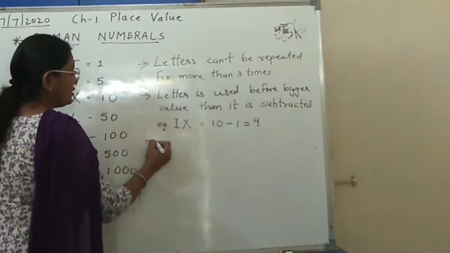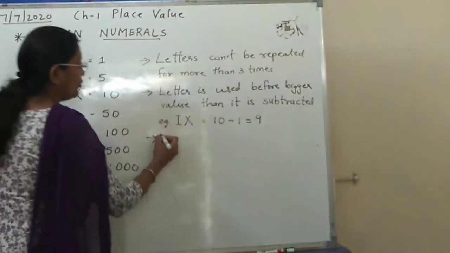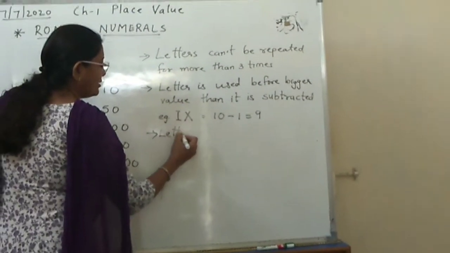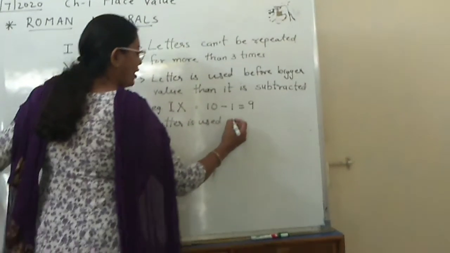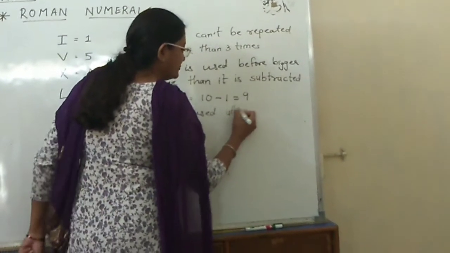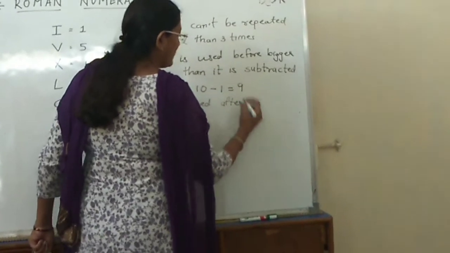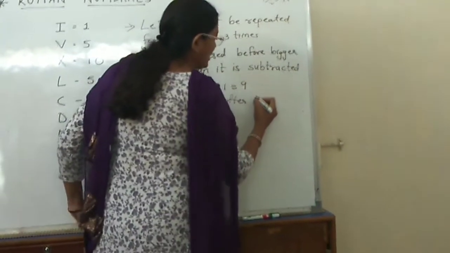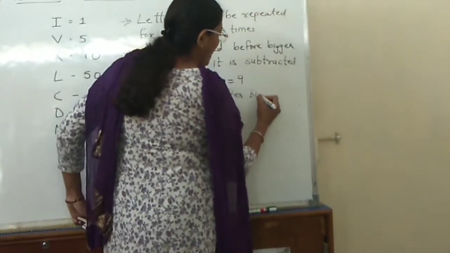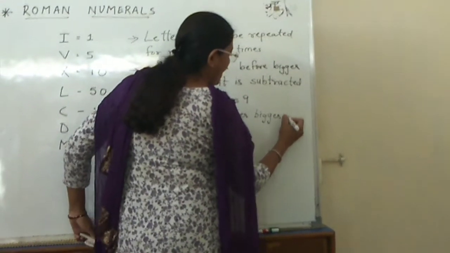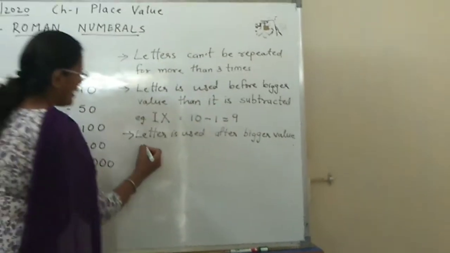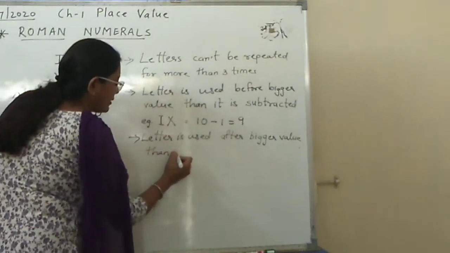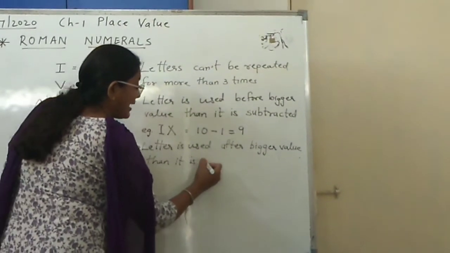Now the third rule. The third rule is, when a letter is written after the bigger value letter, then it is added.